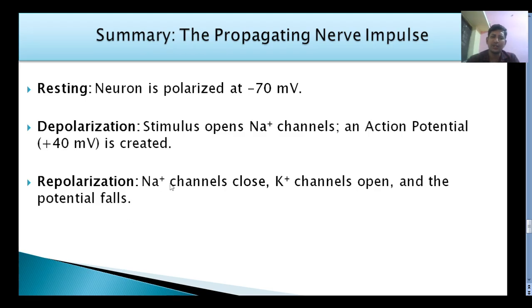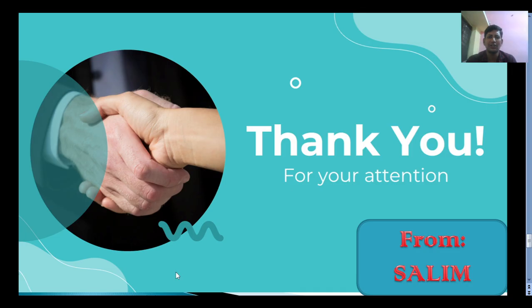Now during repolarization, the sodium ion channels close, potassium ion channels open, and the potential falls again to minus 70 millivolts. So these are the three states: resting or polarized, depolarized, repolarized. I hope it is clear about the transmission of nerve impulses in an unmyelinated neuron. Thank you very much for your attention.